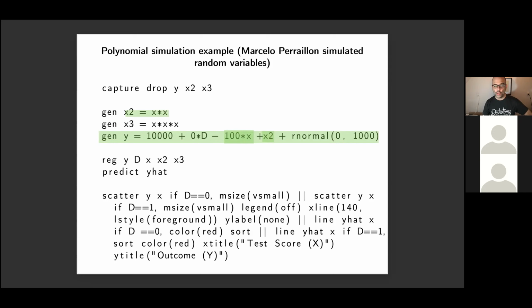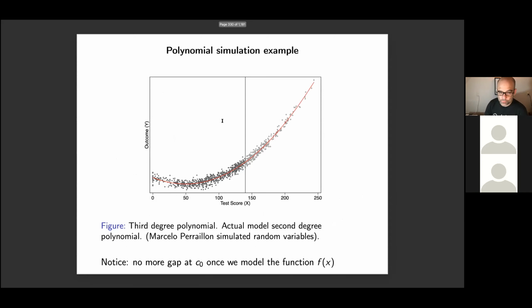X cubed won't matter; we're going to put X cubed in the model, but it's going to turn out not to matter. Then we're going to do the scatter. But look at what we're doing now. Now that we're using fitted values, we've got to plot Y hat against X as opposed to Y, because now we've got to model this nonlinearity. Let's see what we get.